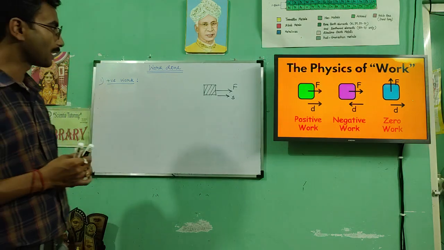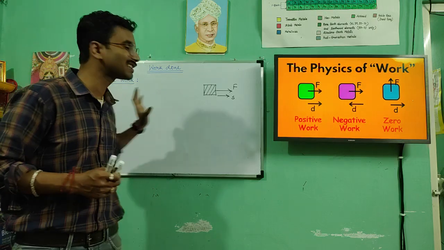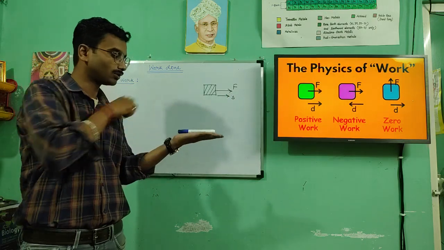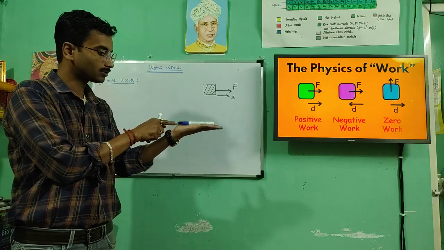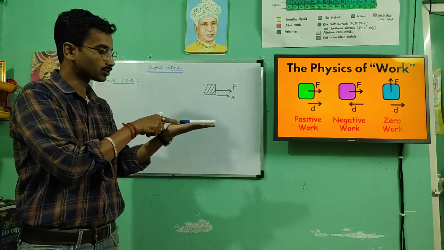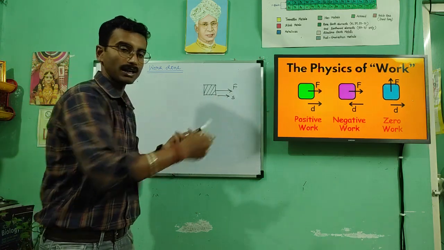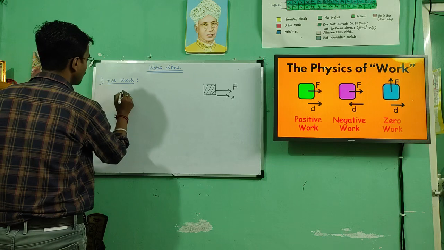Suppose on this object, this pen, if we apply the force towards this direction and the body also displaces in the same direction, then the work done is called positive work done.